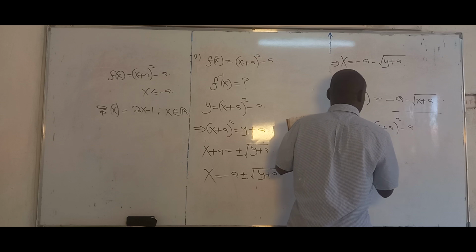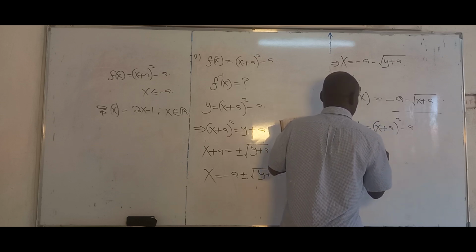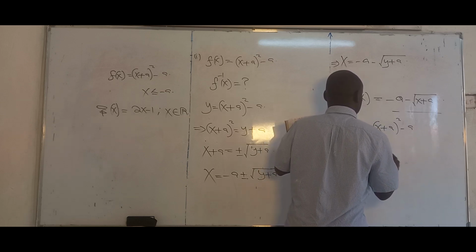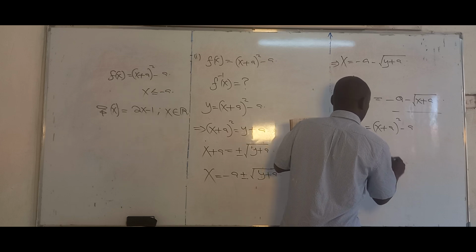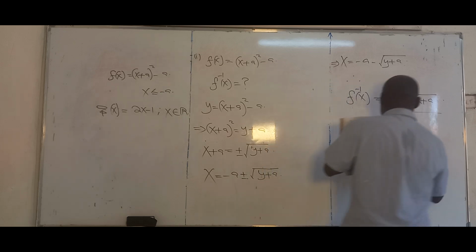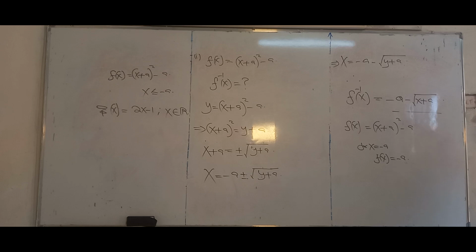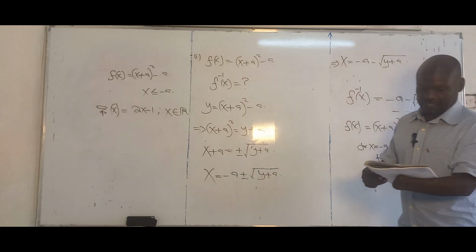So for x equal to minus a, f of x is equal to minus a. That's what we have. When x is equal to minus a, f of x is equal to minus a, and that's the minimum value that it can take.